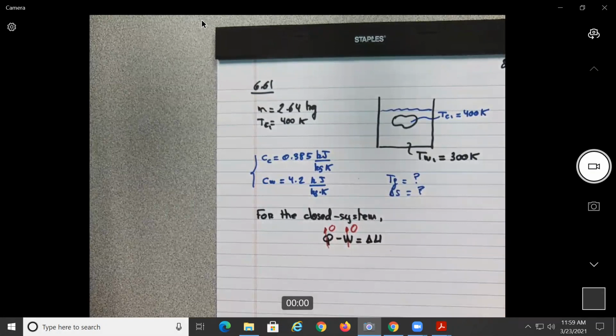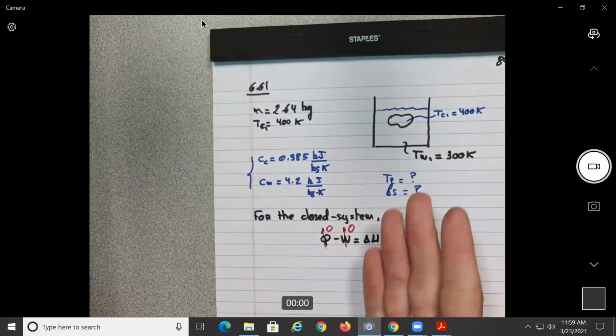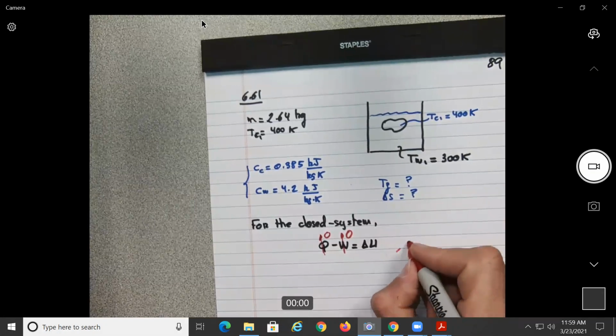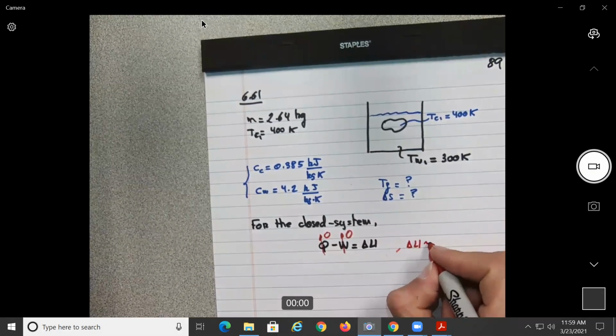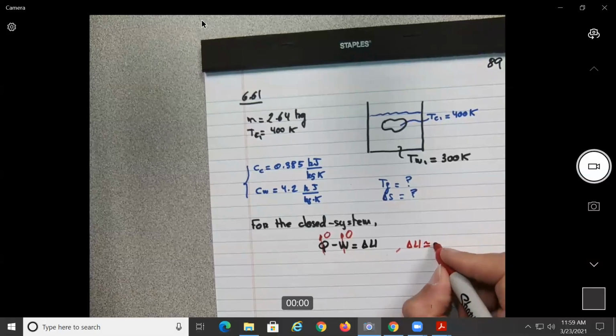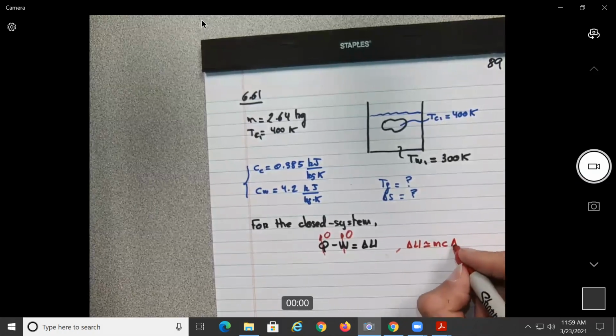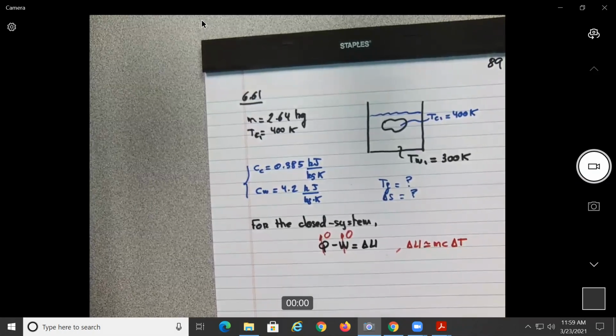Do you think the water is going to change its state, or is it always going to remain in the same state? Water over here looks like it's going to remain in the same state all the time, no? So we can assume it as an ideal substance. If it's assumed as an ideal substance, what can you say about delta U? It would be approximately equal to what? MC, should be really C sub V, but MC, perfect, delta T. That's exactly what I wanted to hear.